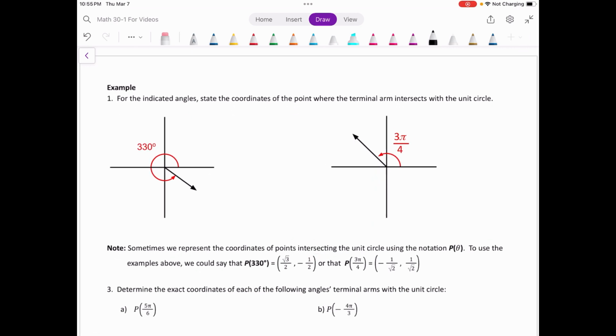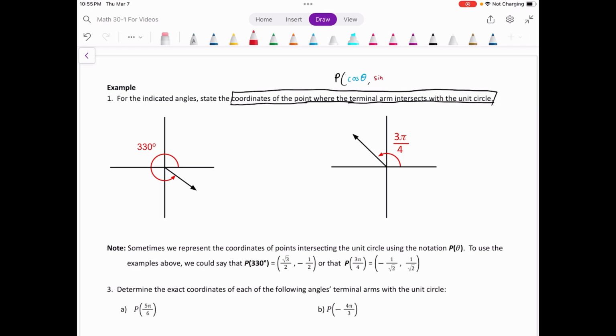All right, so for the indicated angles, state the coordinates of the point where the terminal arm intersects with the unit circle. Well, that just means, right, we know that that will be cosine of the angle, sine of the angle, for all the reasons we talked about.